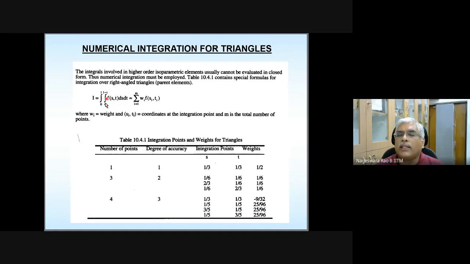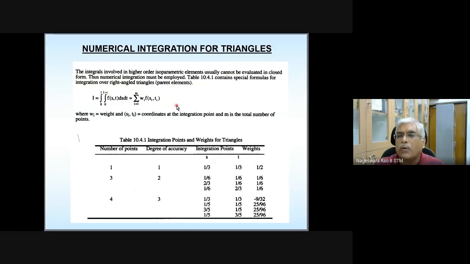And then over this kind of domain, while I was teaching the numerical integration, I told you for integrating over this triangular domain, depending on the number of points you choose, the coordinates and weights for those are readily given. So you can make use of those things and then do numerical integration over this.